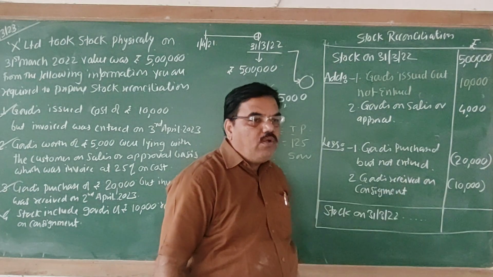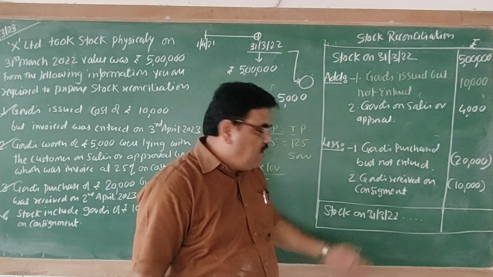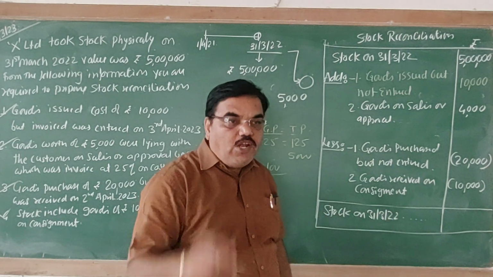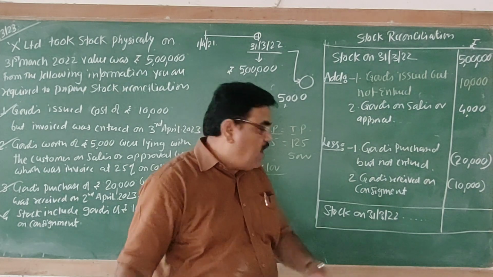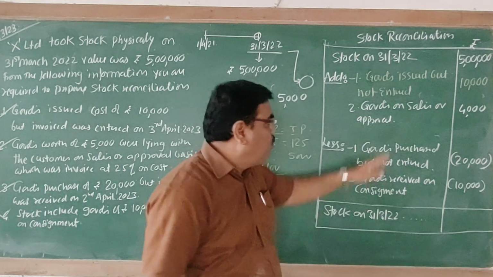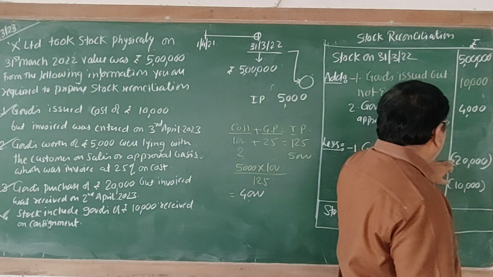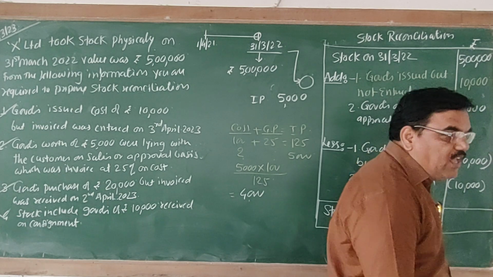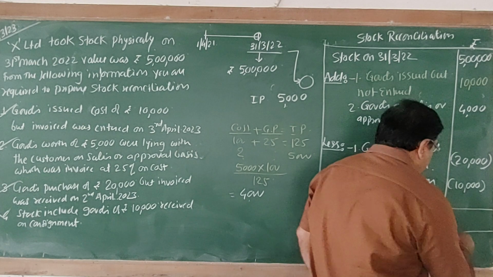Now you have to add less, and you will get that the stock, actual stock that should be taken for your final account, that is on 31st March 2022. देखो 5 lakh plus 10,000 plus 4,000 minus 20,000 minus 10,000 कितना आता है? 4,84,000.